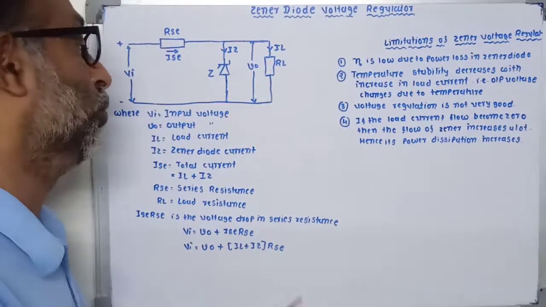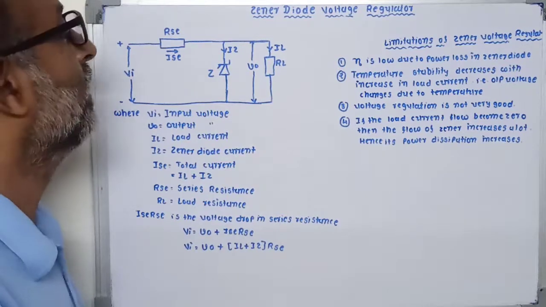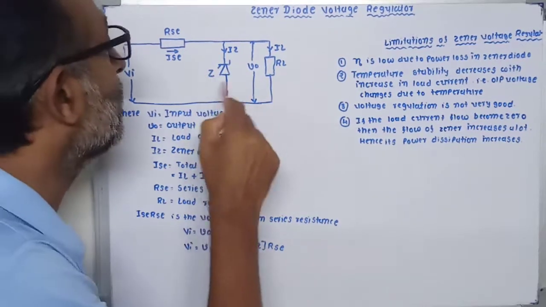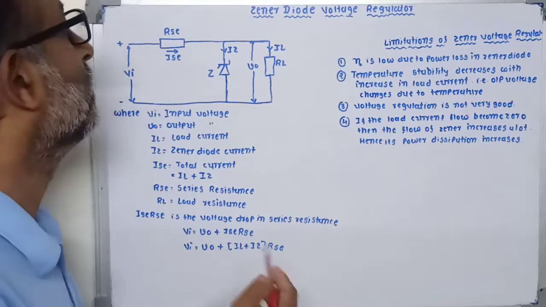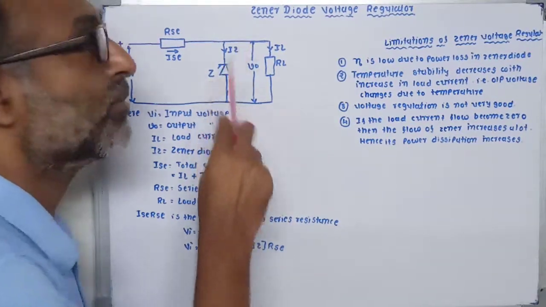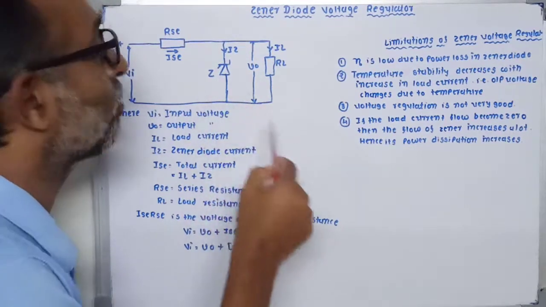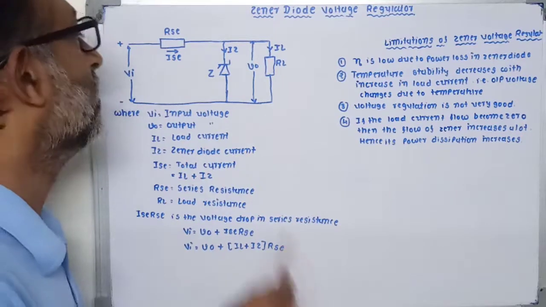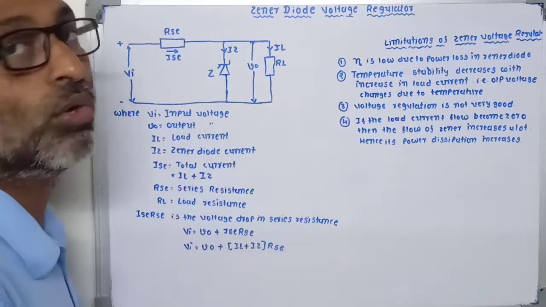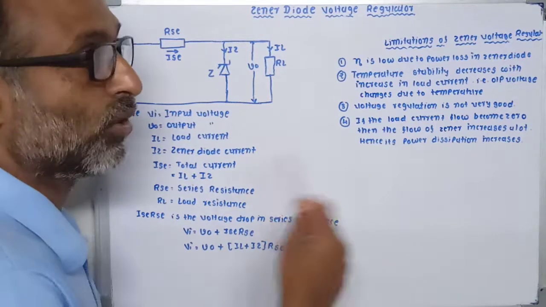Now, V0 is the Zener voltage, and this Zener diode draws current in such a way that the Zener voltage Vz, that means the voltage available across it, or you can also say the output voltage, remains constant even if your input voltage or the load current changes. So that means this provides constant voltage.